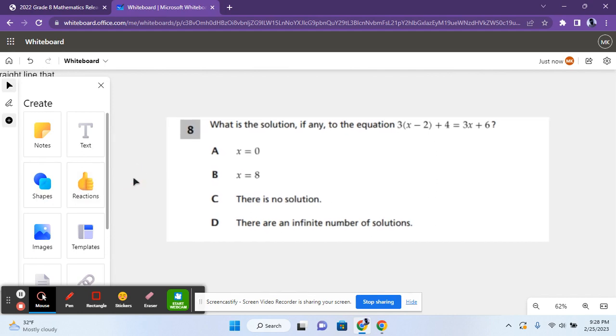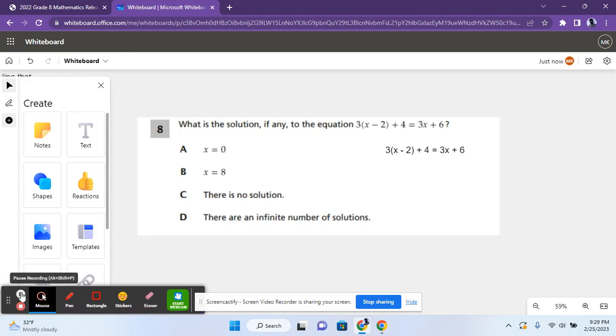So, moving on to question 8, it says, what is the solution, if any, to the equation 3(x − 2) + 4 = 3x + 6? Okay, so we have this equation, and our first step would be to distribute the 3 to x and negative 2.